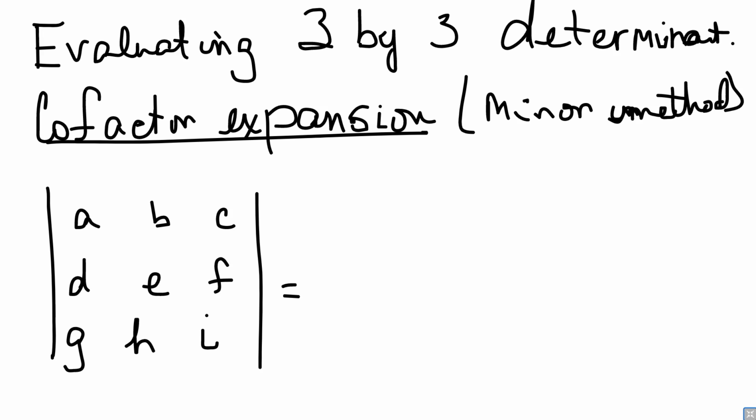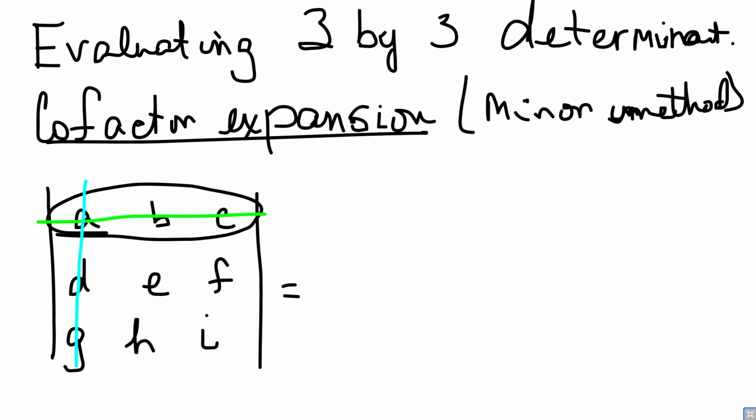For what we're always going to do, we're always going to expand off the first row, and then we'll start alternating columns. Rows go left to right, columns are up and down. So first we're going to expand off the first row and the first column.